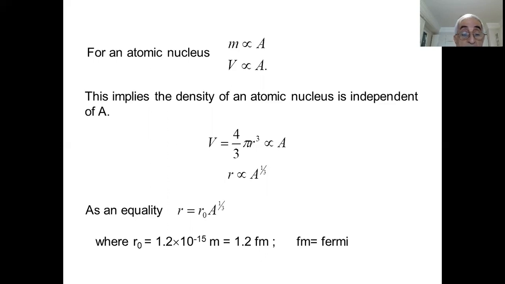As an equality, R = R0 A^(1/3), where R0, as we said before, is 1.2 × 10^-15 meter, equal to 1.2 fm, and fm is the Fermi, the unit for measuring length.